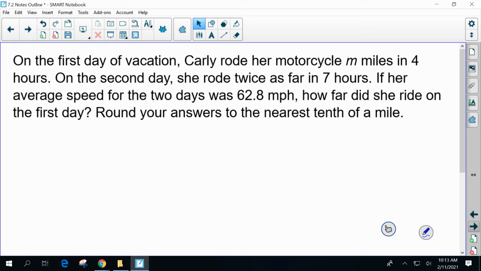So the formula that I have memorized is this. Distance equals rate times time. So rate is another word for speed. So distance divided by time has to equal your rate. So she rode her motorcycle M miles in 4 hours.